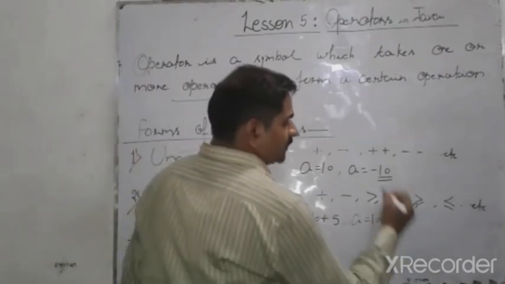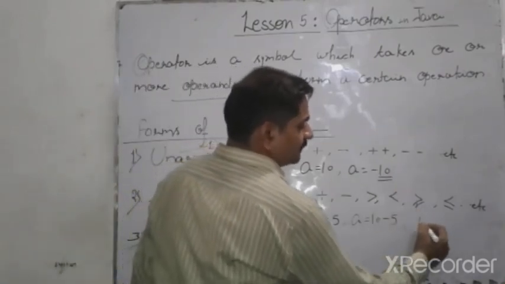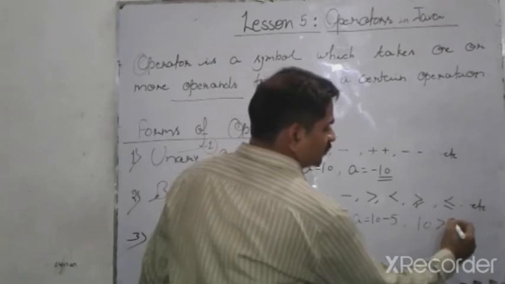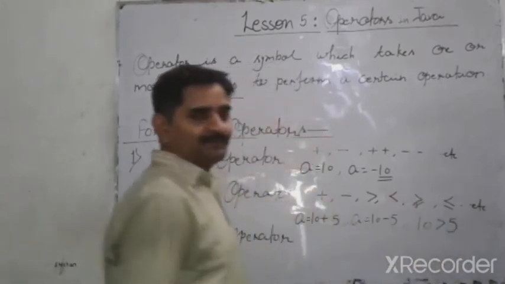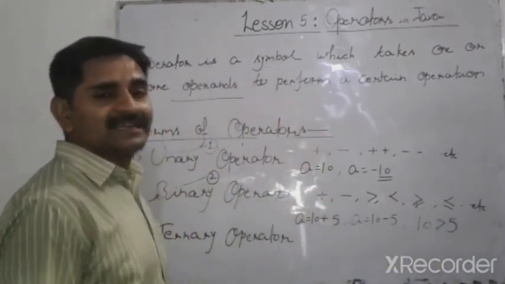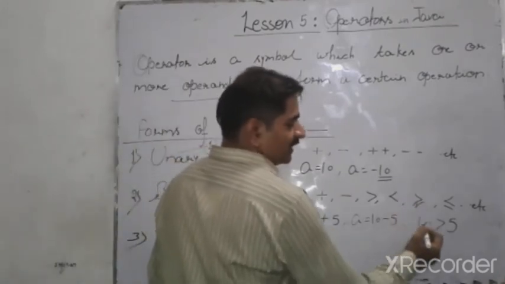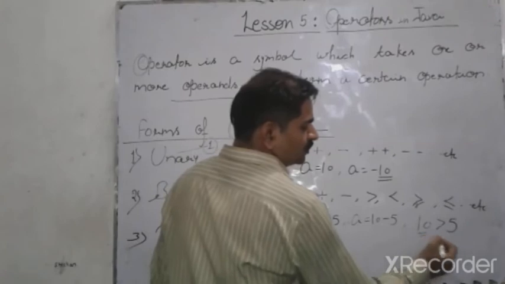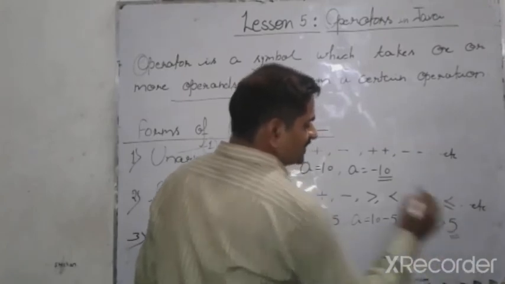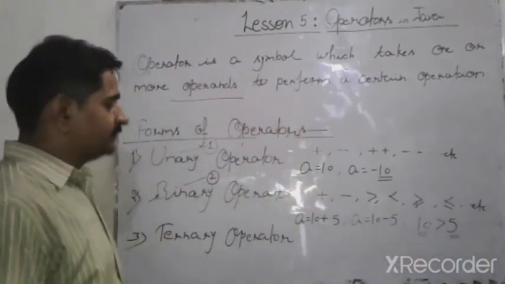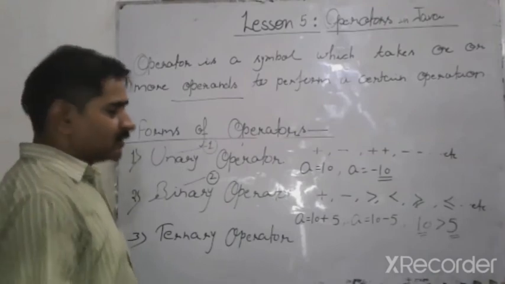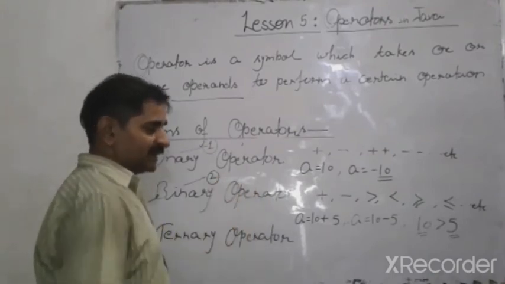If we have to find out the greatest value between 10 and 5, we write 10 is greater than 5. Here greater than is an operator and it uses two operands. So these are a few examples which show the concept of the binary operator.